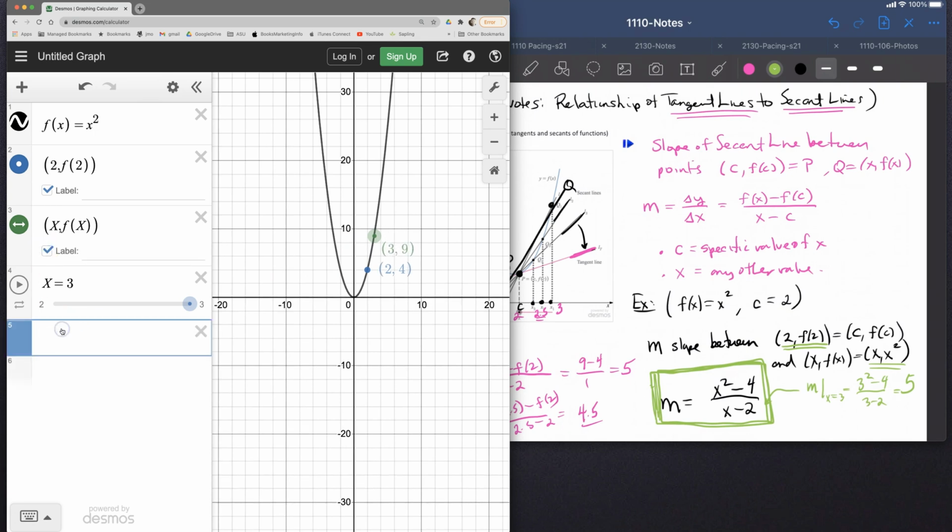Now let's include in this picture the slope of the secant function, which is big X squared minus 4. This is the formula that we showed in green over here. This is our slope of our secant line function, divided by x minus 2. I'm going to give this a name, m for slope, and it's a function of x, where x is the value of the point.